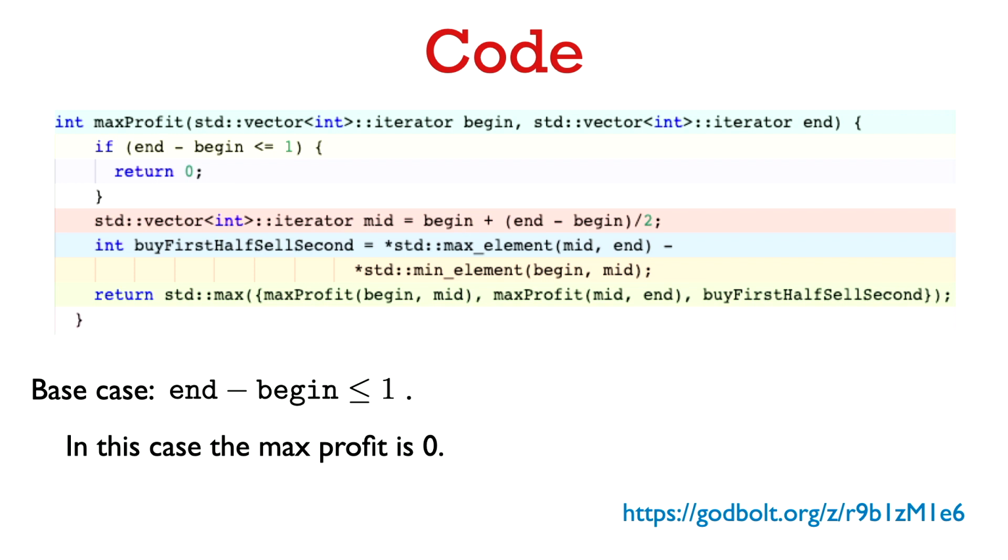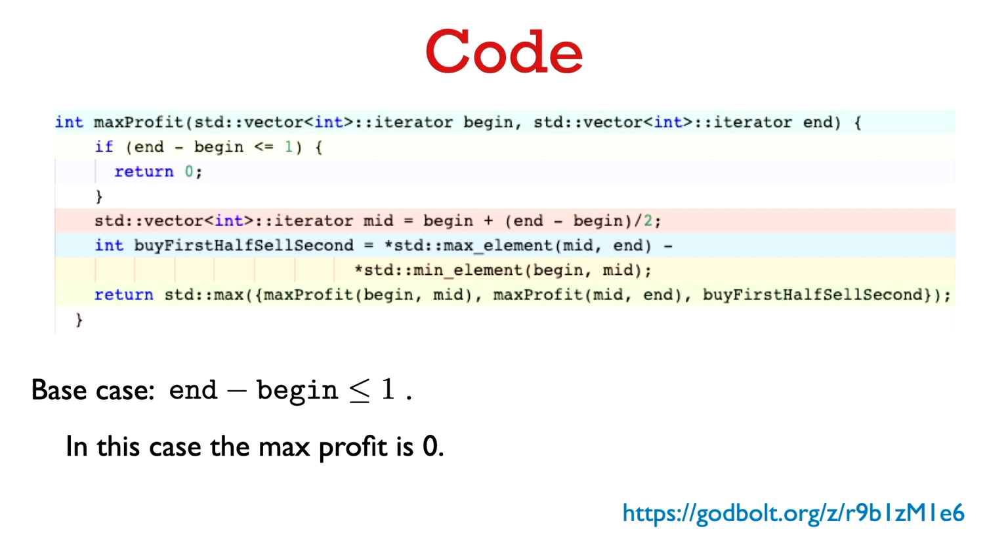So the intent of this function is that we compute the maximum profit achievable on the portion of the vector that starts at begin and goes up to but does not include end. Okay, so this is the usual way we reference an interval in C++. This is a half-closed interval. So like any recursive algorithm, we need to have a base case.